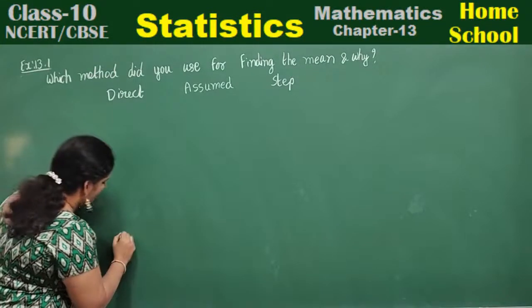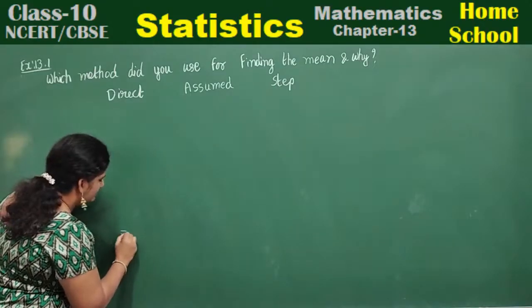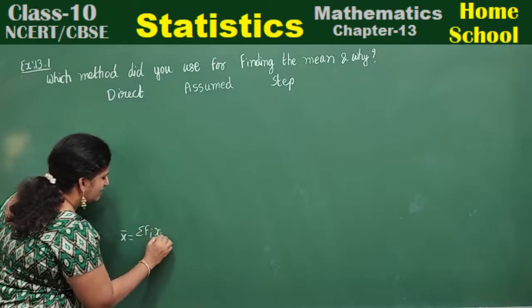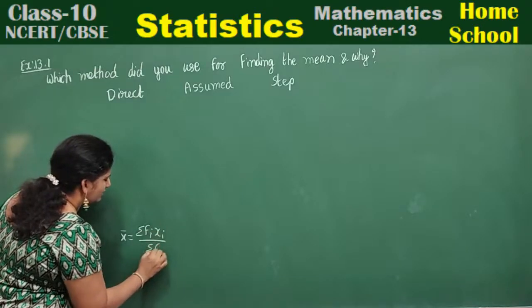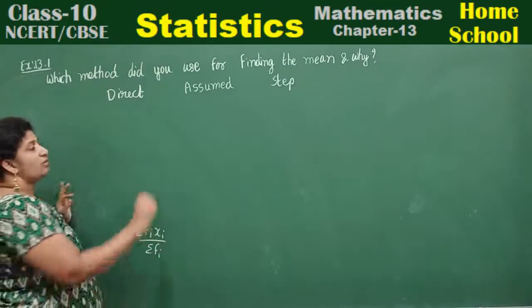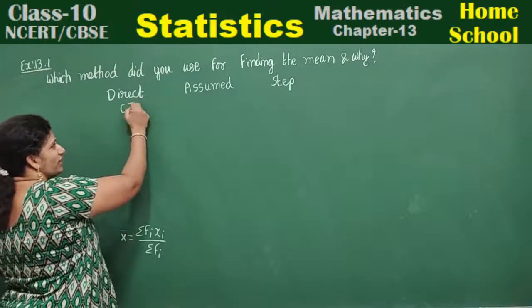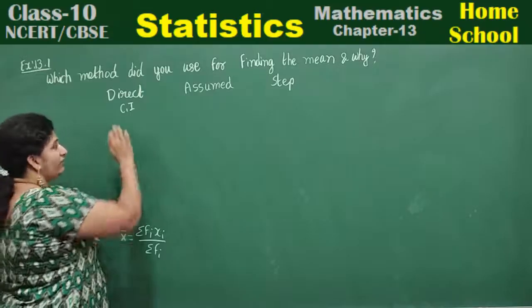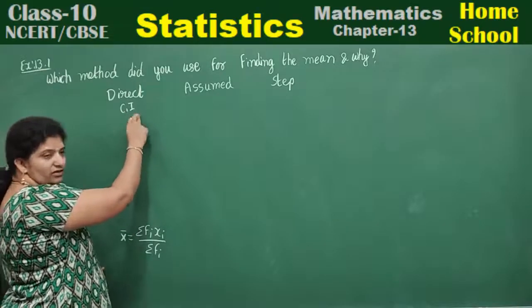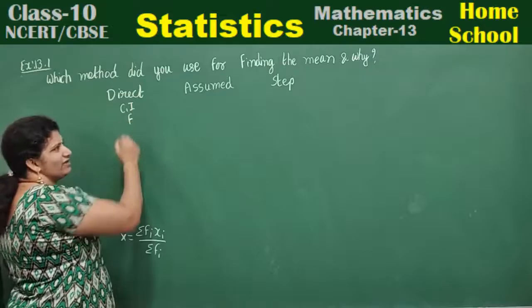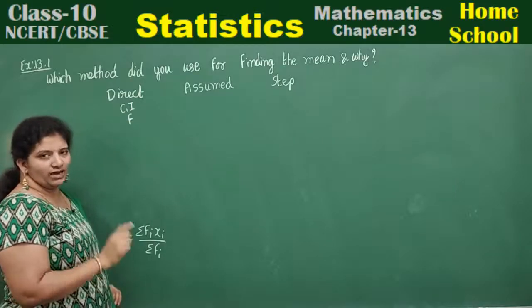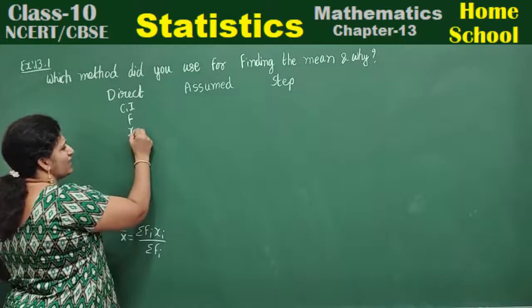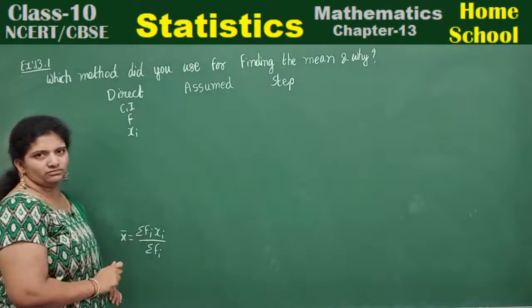If you do the direct method, what do you need? Write the formula first. X bar is equal to summation Fi xi by summation Fi. When class interval is given, I am going to take all the problems with class interval. If class interval is given, the second column F will be given for you. Now, you need to find the class mark, that is the score. Xi you need to find in the third column.